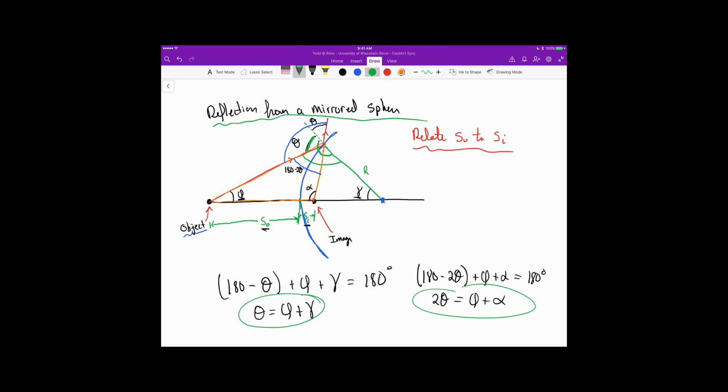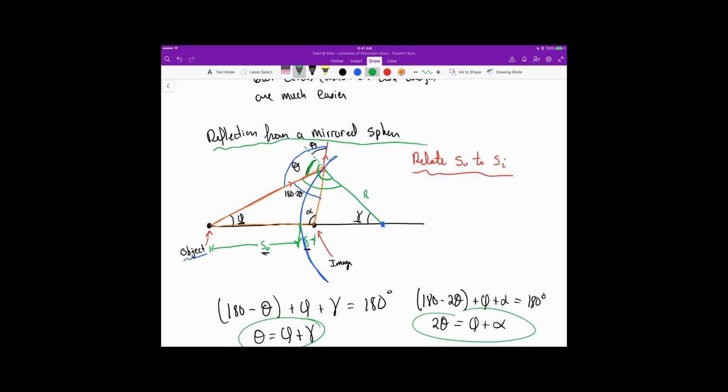If we define a height h in here to be this leg right here, forming a right angle with the optical axis, that h now can be used to find tangent phi, tangent alpha, and tangent gamma.